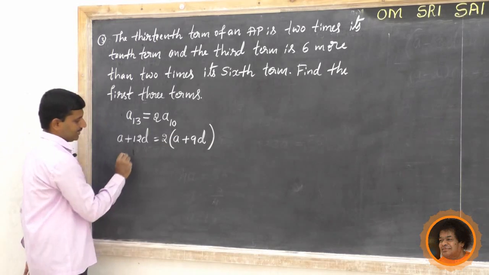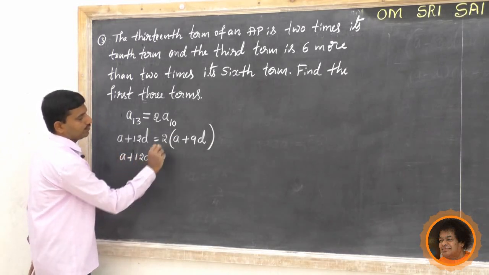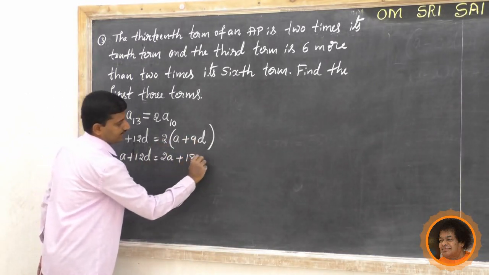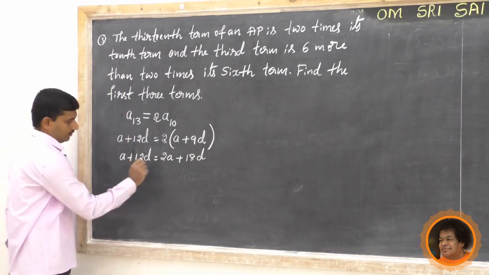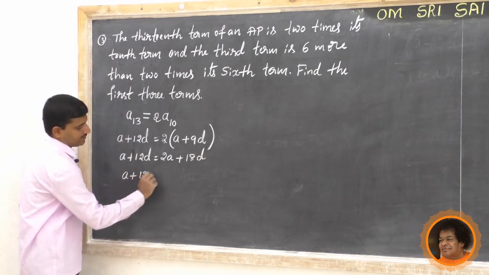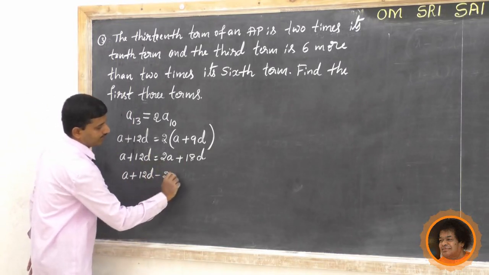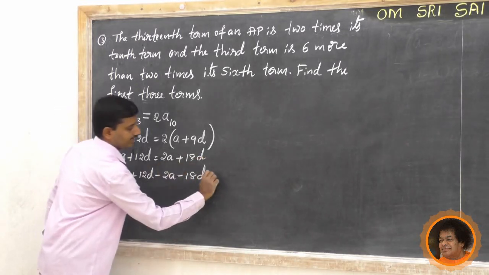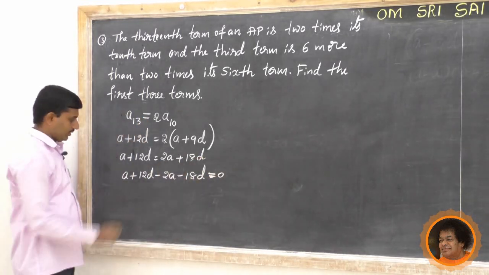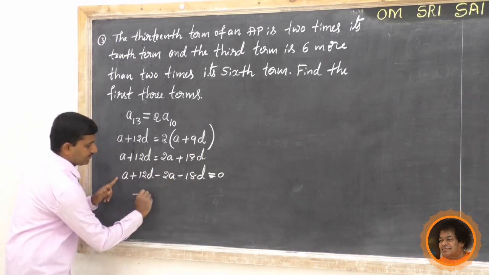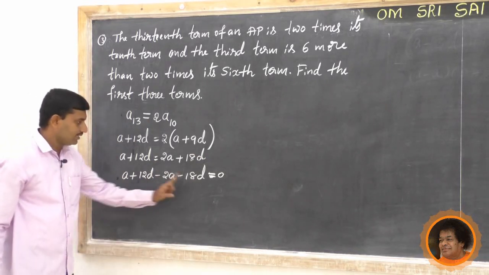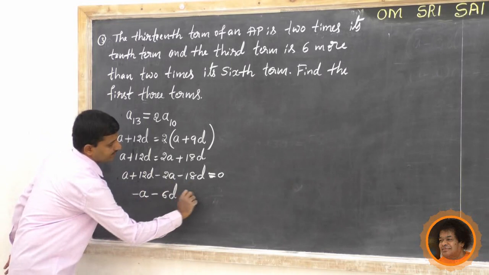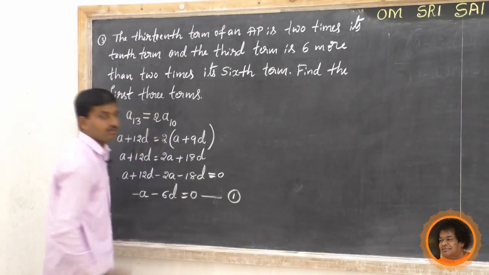Now multiply: a plus 12d equal to 2a plus 18d. Transposing, a minus 2a plus 12d minus 18d equal to 0, so minus a minus 6d equal to 0. Let it be equation number 1.